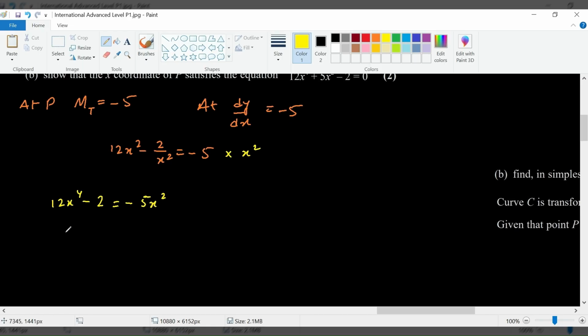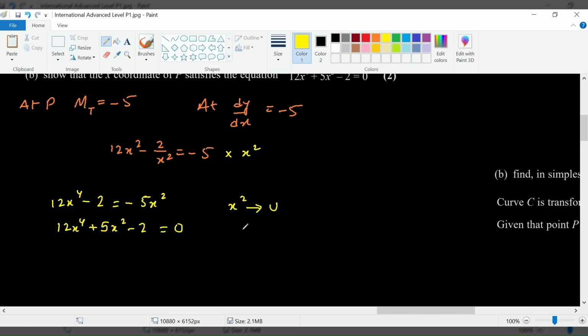Now bringing this into another form, I can say 12x⁴, and this negative 5x² goes to the other side and the sign is changed. So I can write plus 5x² and minus 2 is equal to 0. If I want to proceed, I consider x² as u.